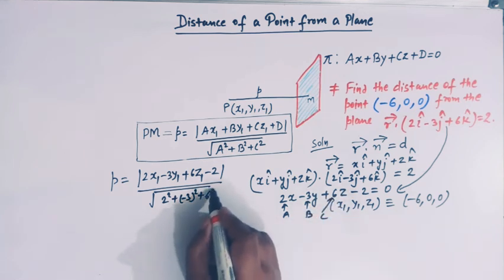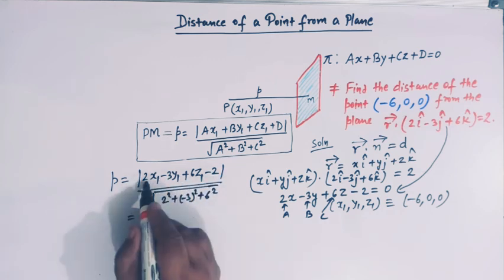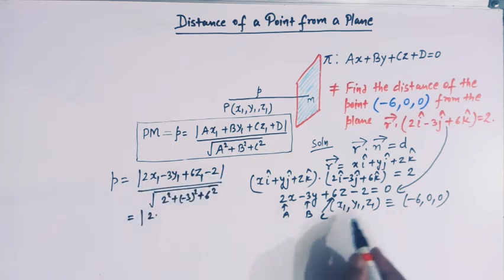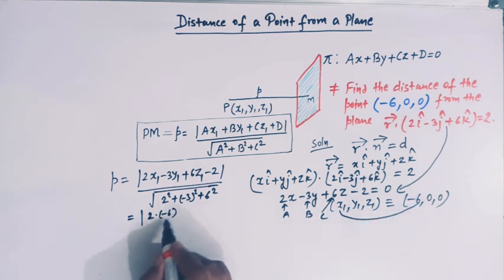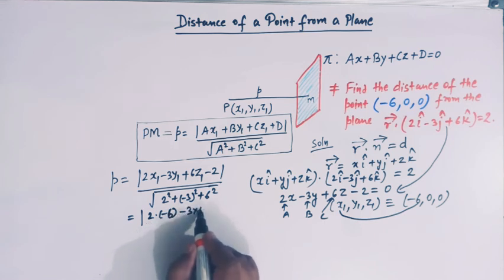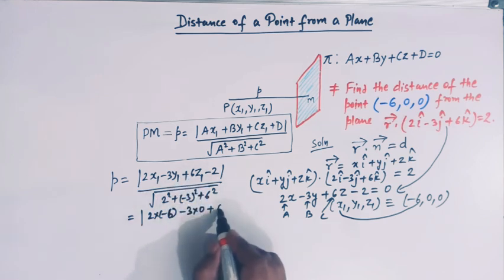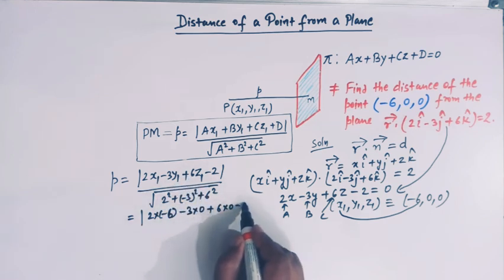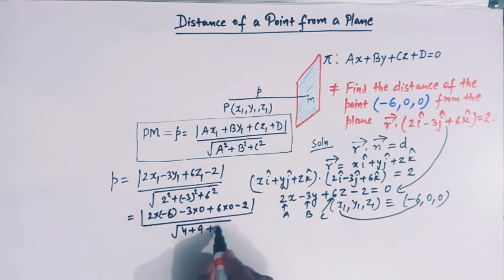So here we have 6 square. So this is absolute value of 2 times x1 is minus 6, so here we have minus 6, then minus 3 times 0 and plus 6 times 0 minus 2 divided by square root of 4 plus 9 plus 36, right?